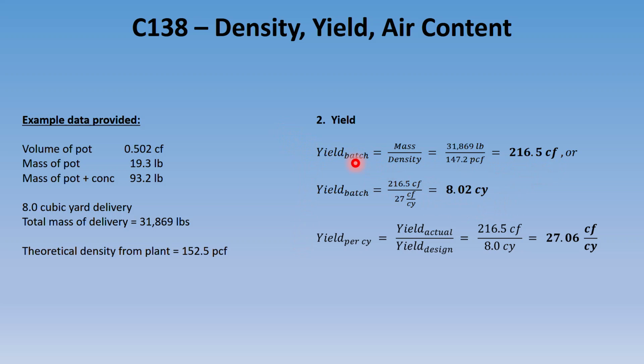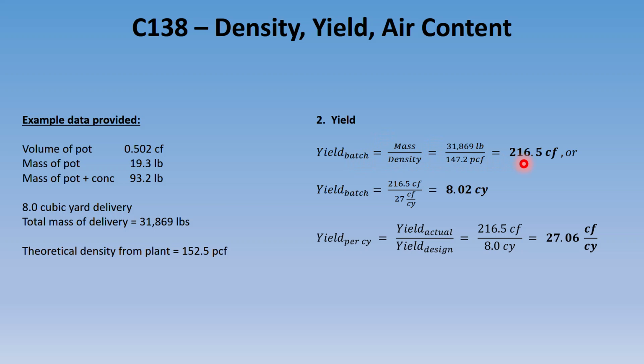And the yield batch expressed in cubic feet is the mass of your truck over the density of your concrete. Our total mass in this example is 31,869 pounds, and in the previous step we just determined the concrete to be 147.2 pounds per cubic foot, or we are receiving 216.5 cubic feet of concrete.